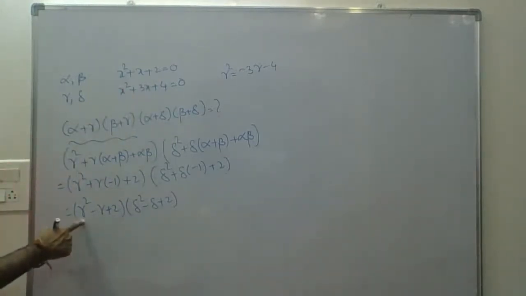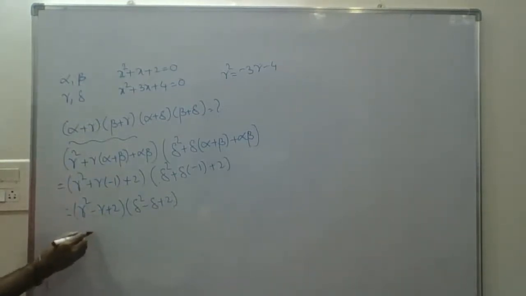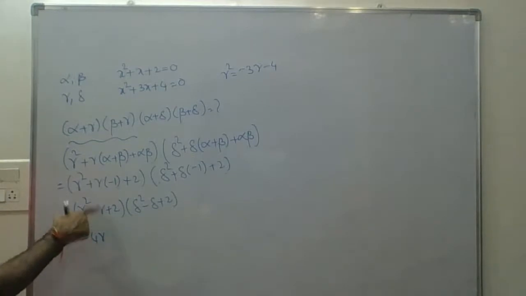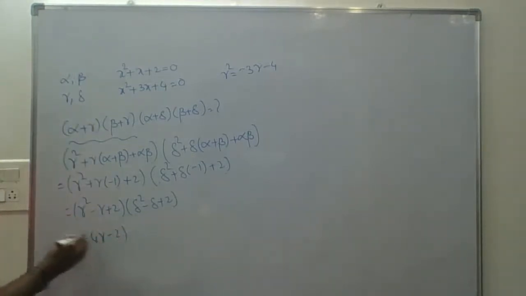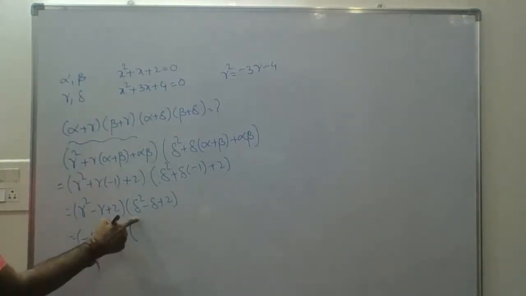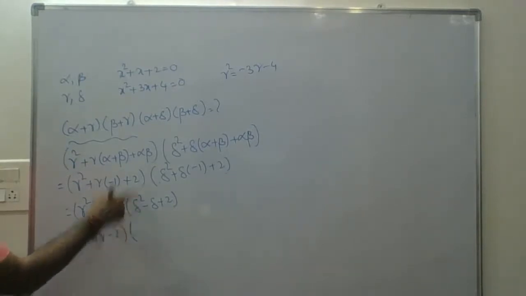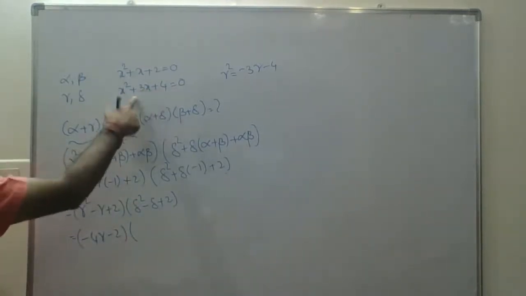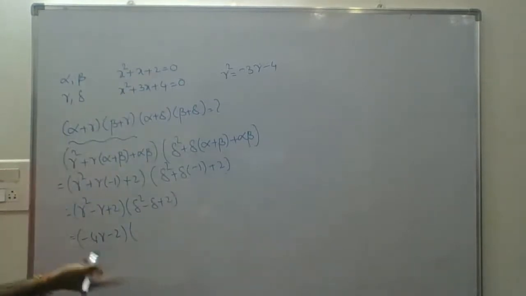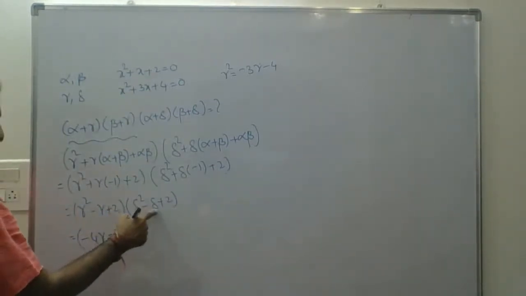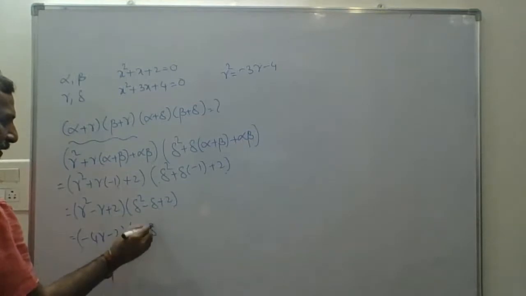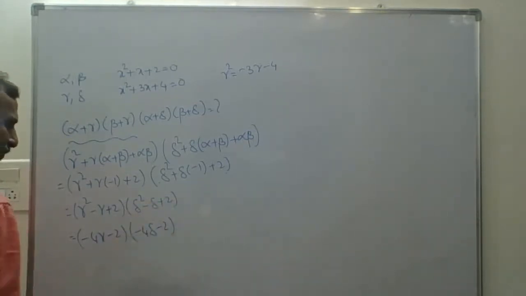Substituting, we get minus 3 gamma minus gamma, minus 4 gamma minus 4 plus 2, minus 2. Similarly delta square is minus 3 delta minus 4, giving minus 4 delta minus 4 plus 2, minus 2.